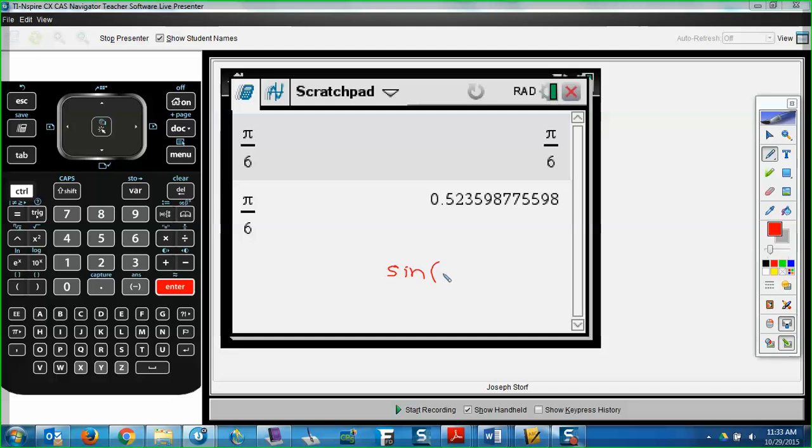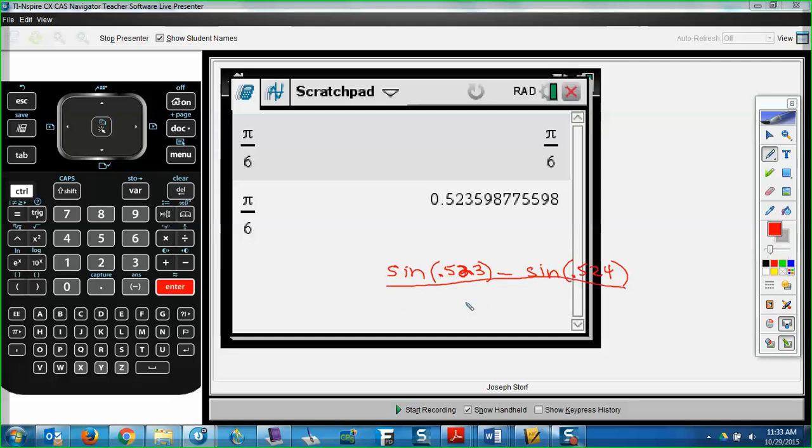Let's do sine of, let's pick that point, 0.523, minus sine of 0.524. How about that? Would those be really close to that? 0.523 and 0.524. Those would be kind of on both sides of pi/6 there.